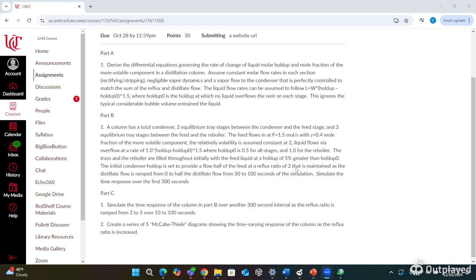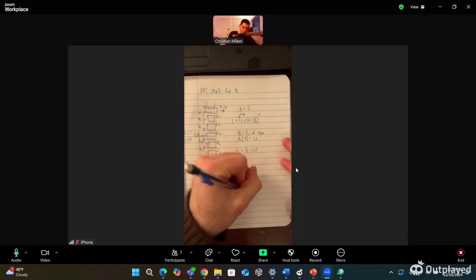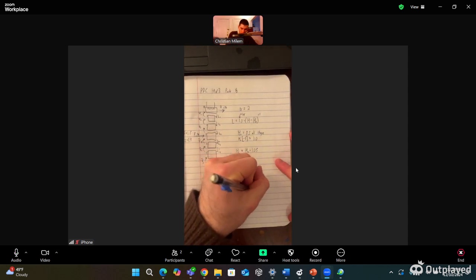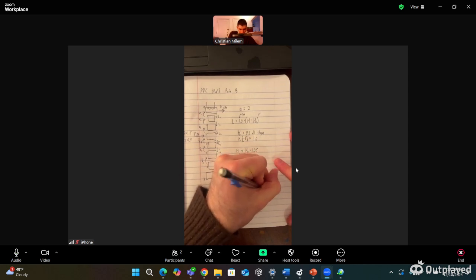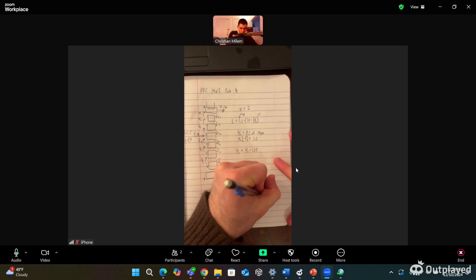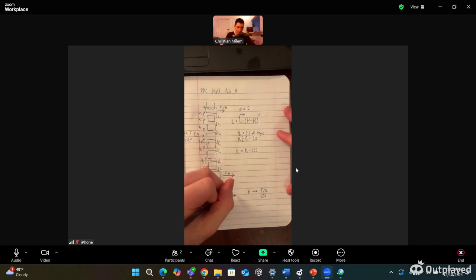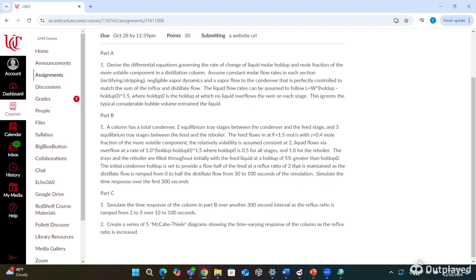So it's saying, what did it say? That we have an initial holdup, H, that would give us a flow that's half of our feed, which would be 0.75 moles per second. I don't know if that means that it would give us a liquid flow that would be half of our feed, or if it means that it would give us a total liquid and distillate flow rate that would equal 0.75. I would have to go back and double check that.